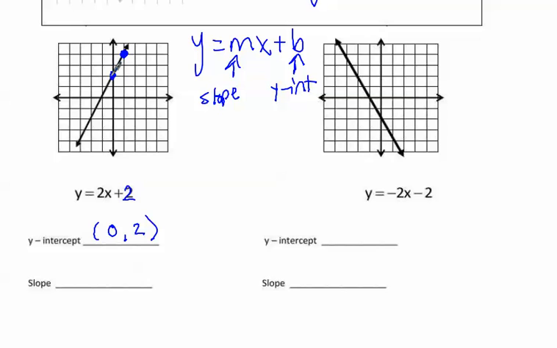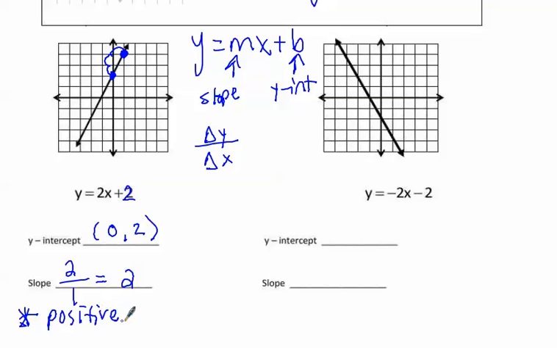So to go from the change in y over the change in x, you go up 2. So I'm rising 2, you're going right 1. So my slope is 2 over 1, which is just 2. Remember, if it's a positive number, it's a positive slope.